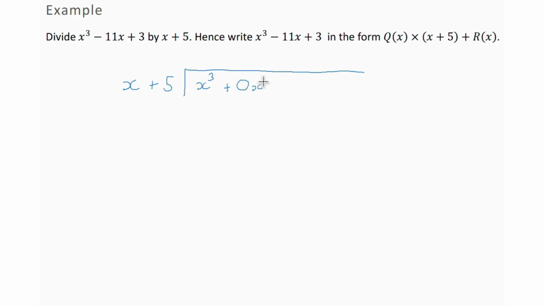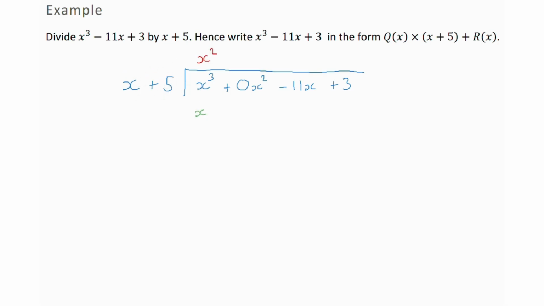So if there's no x squared, I'm going to write 0x squared in here, because otherwise the method kind of falls apart a little bit. Now the way this process works, we say, what do we need to multiply x by to get x cubed? It would have to be x squared. That is, how many x's go into x cubed? x squared.